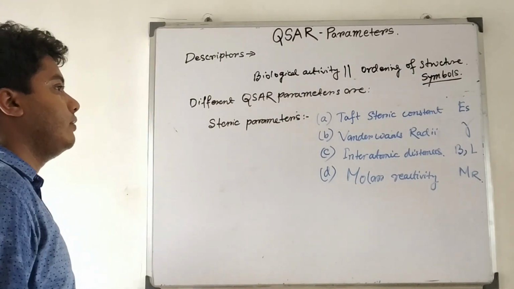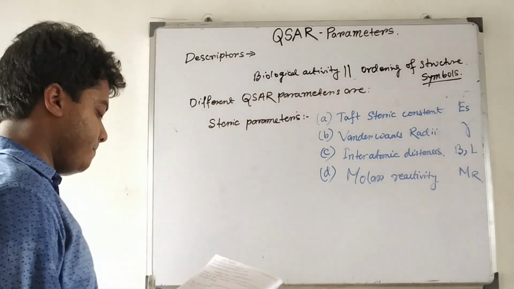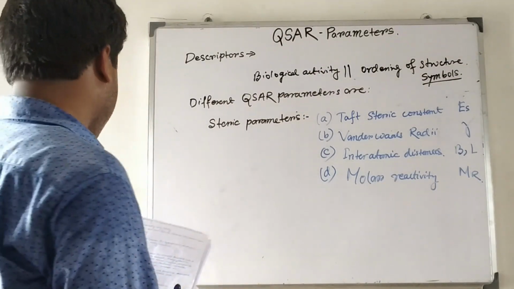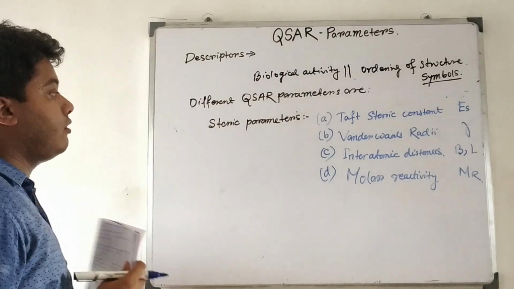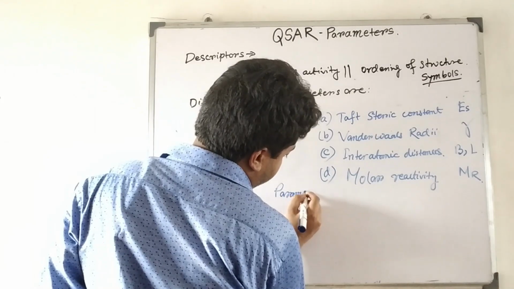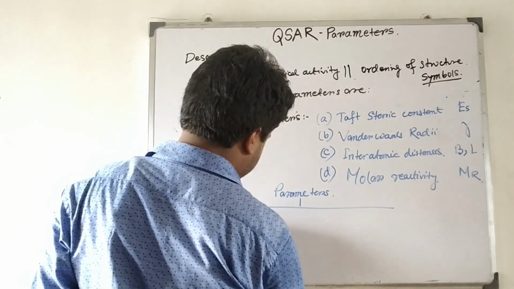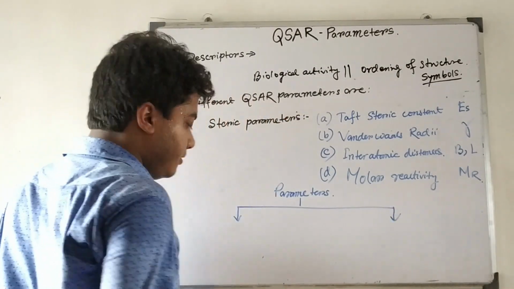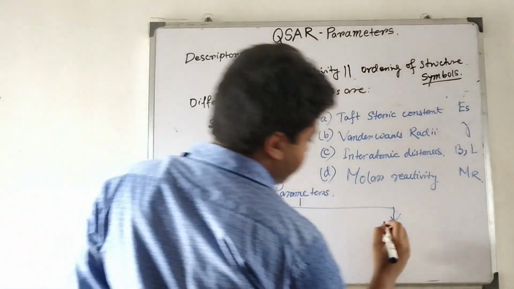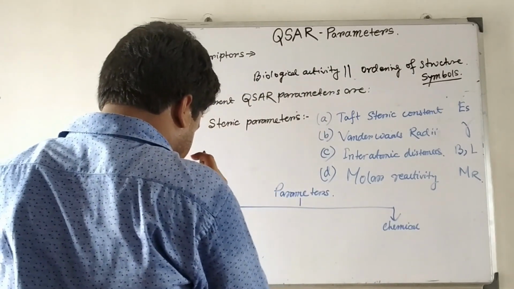Okay, so these are the various levels of parameters that we use. One is electronic, another is steric parameters. Now we will discuss what parameters actually are, what we define as parameters. Parameters can be divided into two sections: one is chemical, another is physical.